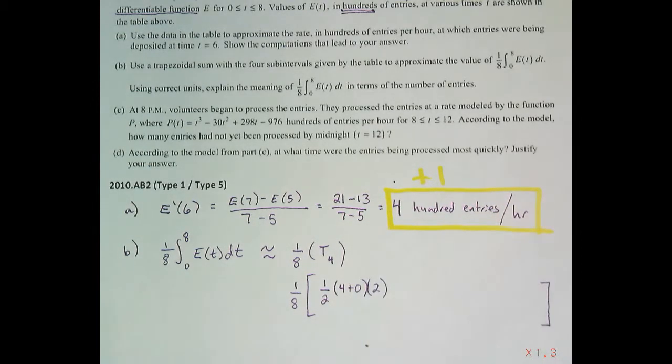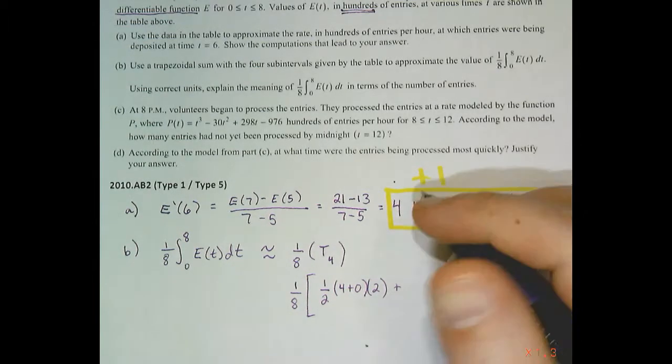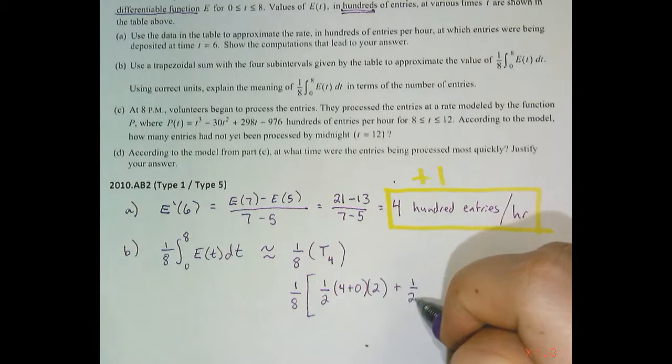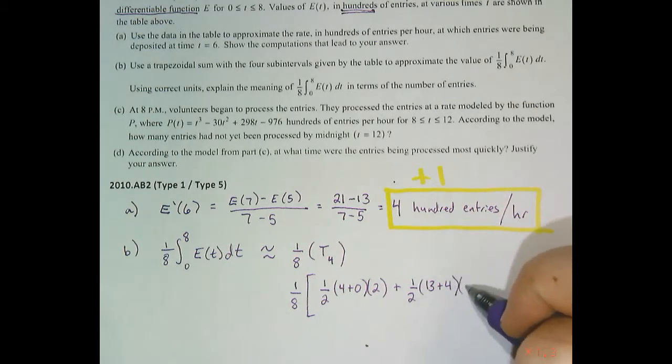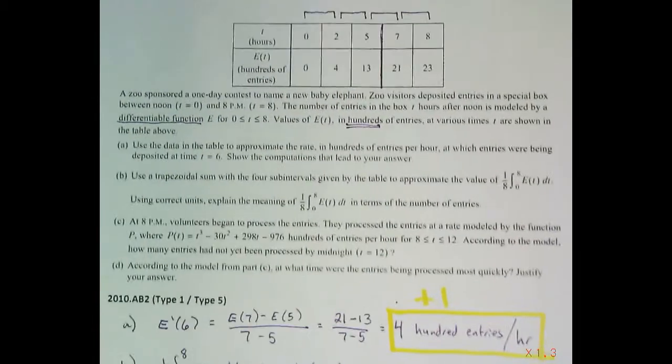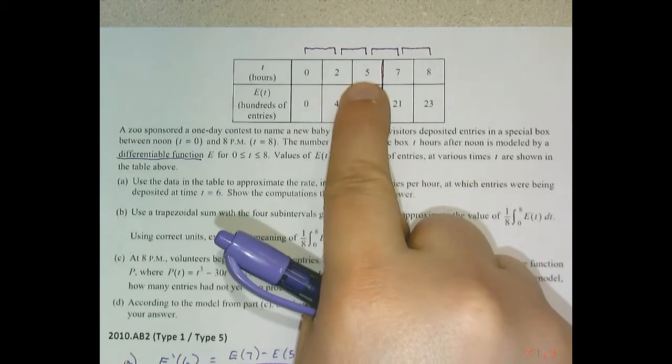So there's my first trapezoid. My second trapezoid is going to be average of the bases times the width of the trapezoid. So base 13, base 4, with a width of 3.